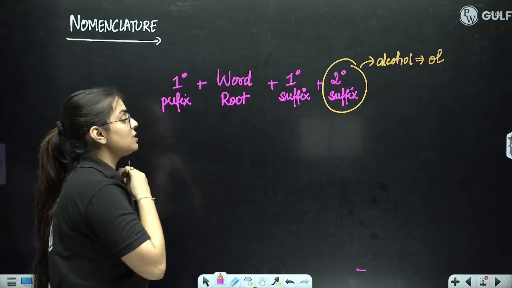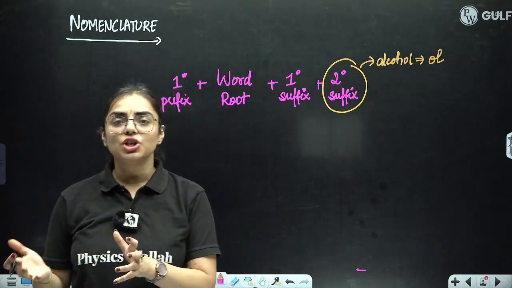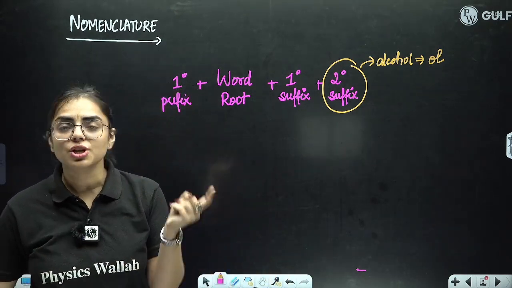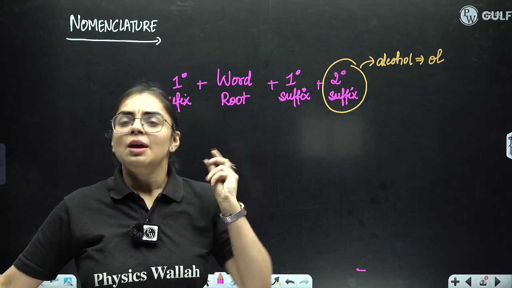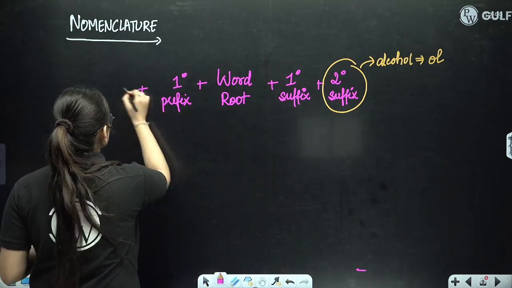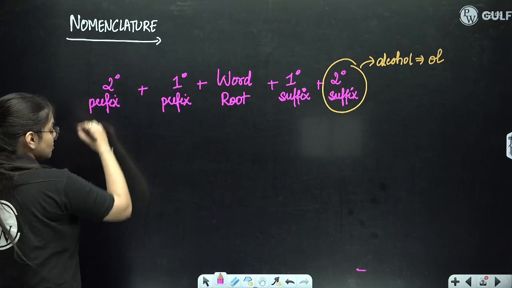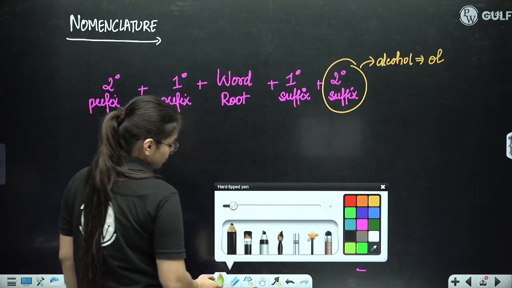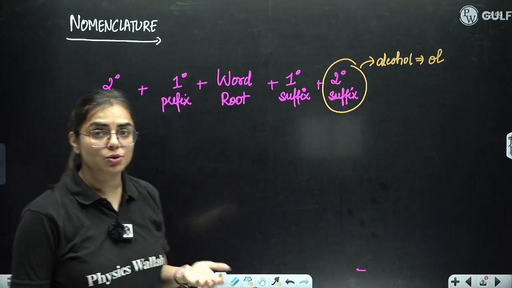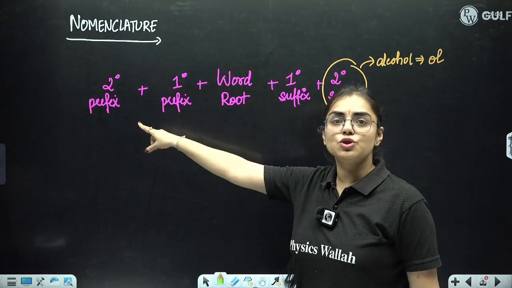Primary prefix, students, is generally used for an open chain and a closed chain compound. For closed chain compound, we are going to use cyclo. But for an open chain, we are not going to use any word for the primary prefix. And secondary prefix is used at the left hand side position of primary prefix. This is basically generally used for many of the things. The very first is for junior most functional group.